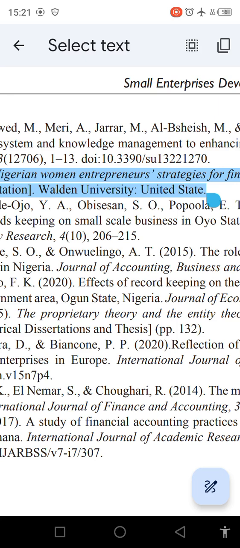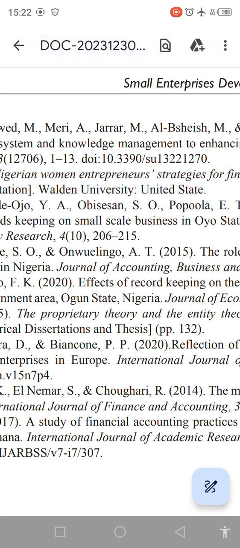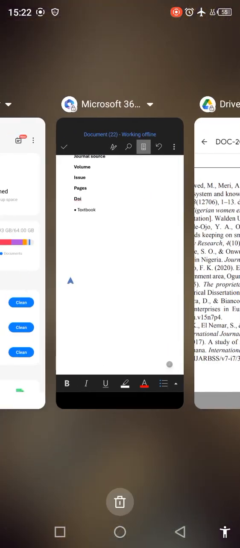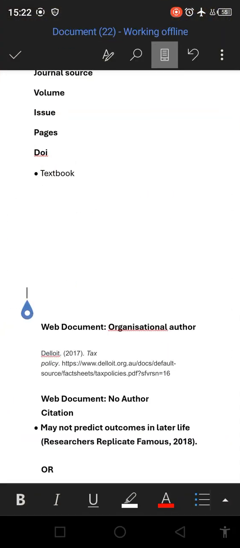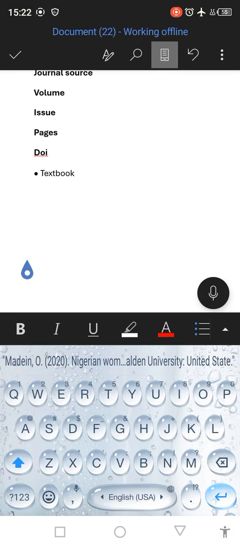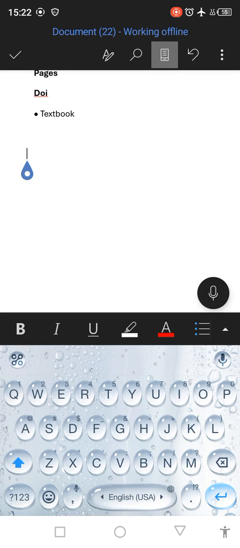Now, this is where the additional difference also comes in, when we are referencing a normal journal article and when we are referencing a dissertation that was published. Let me copy this and bring it here, there's something I want to show us here, rather, in textbook.